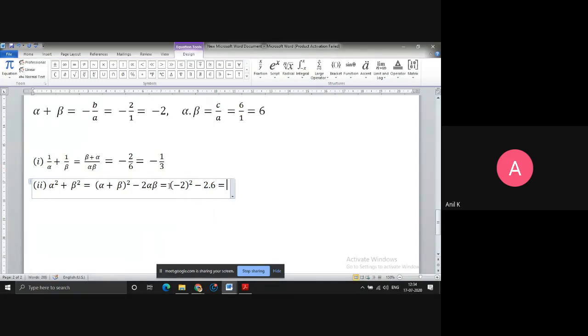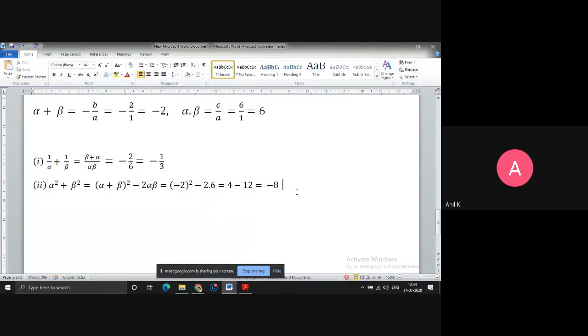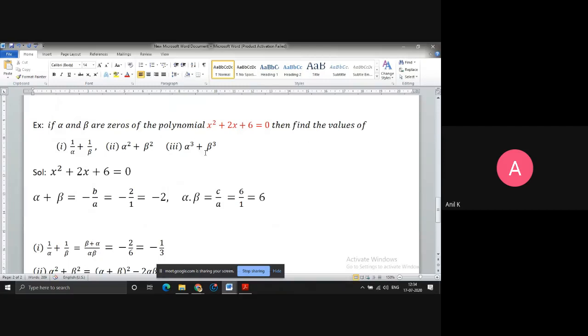So finally, when I simplify, minus 2 whole square is 4, minus 2 into 6 is 12, 4 minus 12 is minus 8. So we got the answer. Alpha square plus beta square is going to be minus 8. Okay, now let me go to the third question.